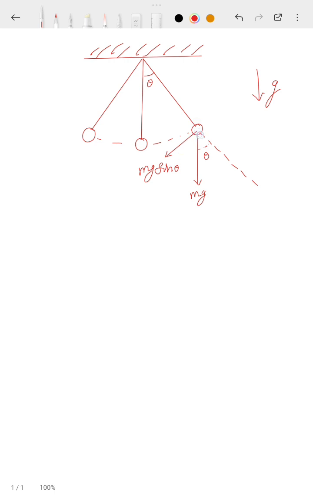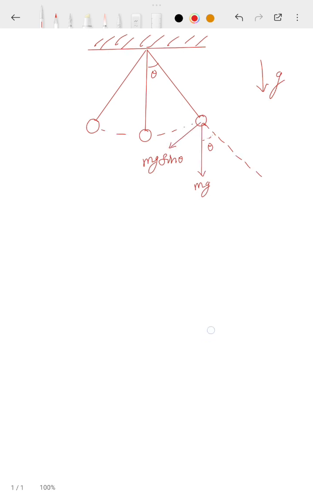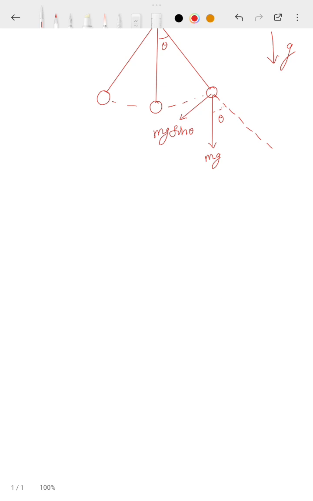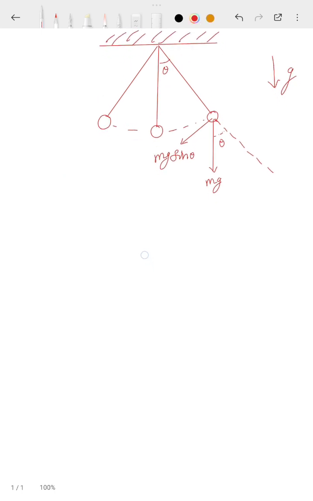At that moment, at theta position, the force under gravity will be applied here as mg, and in the tangential direction mg sin theta will be there. So what we write generally is m theta double dot. If someone wants to derive it from the starting position, then I can do it.